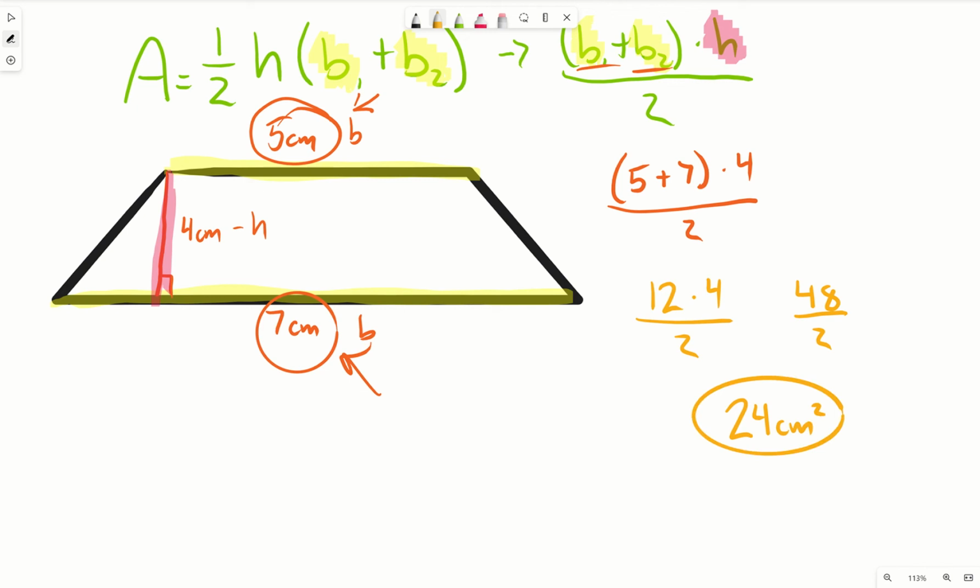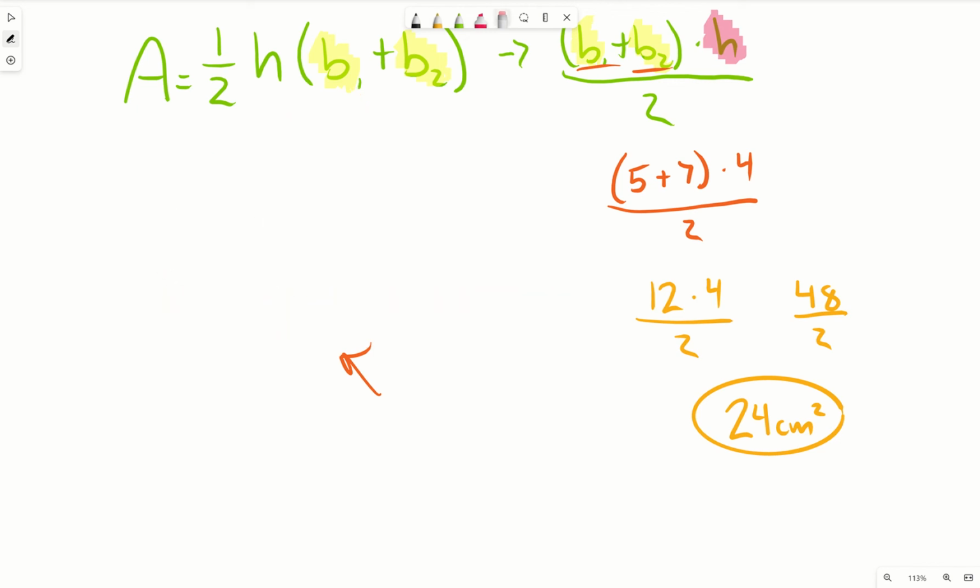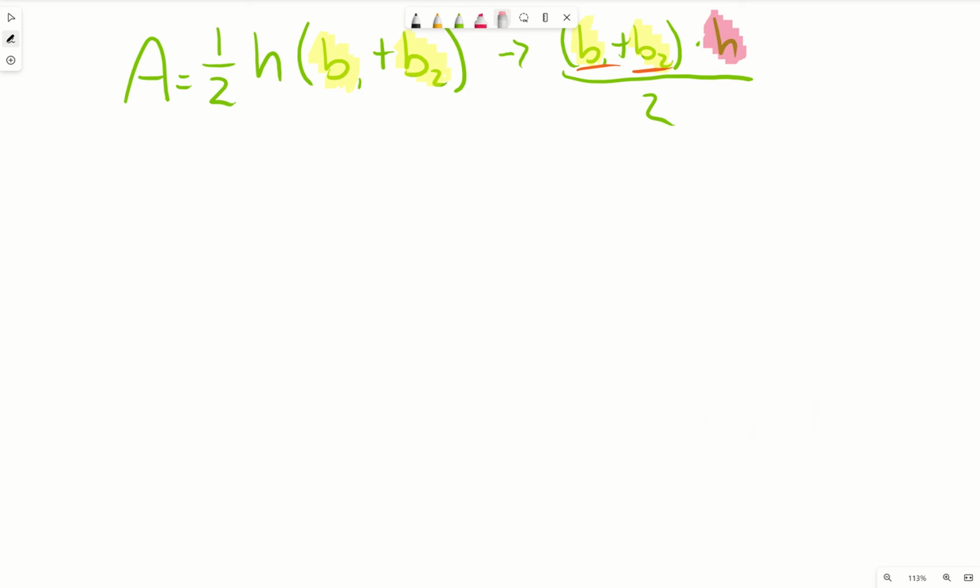Now, let's try another one, okay? It's just as simple. It's just going to be practicing doing this, knowing what part is what, and then how to plug all those things in, and then what our answer would become. So let me go with some kind of maroony one.